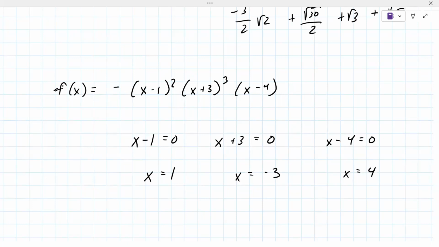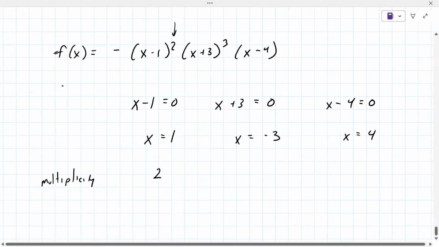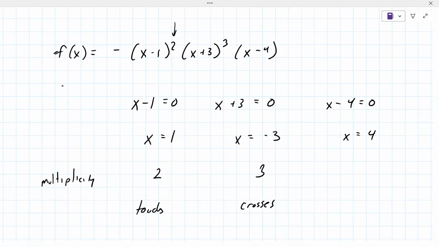But there's this other thing to consider, which is multiplicity. Did you guys talk about that? Yeah. Okay. So if it's even, that means it touches. And if it's odd, it crosses.